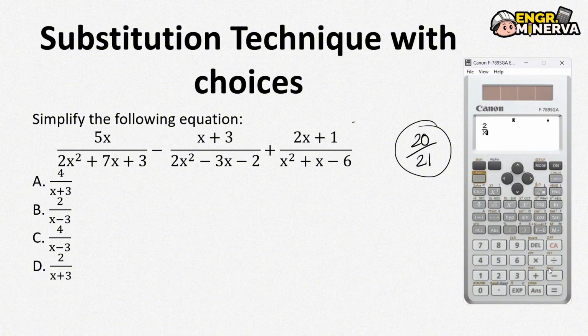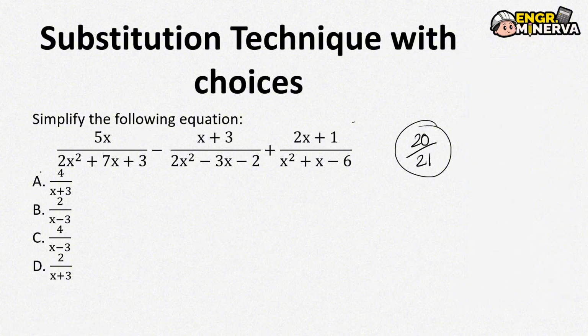Let's try 2 over x minus 3, then press calc. That is not equal to 20 over 21. Then we try 4 over x minus 3, then press calc. That is not equal. Then we have 2 over x plus 3. We press calc. That is not equal. So the correct answer is letter A.